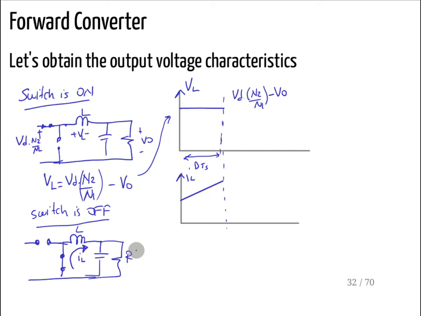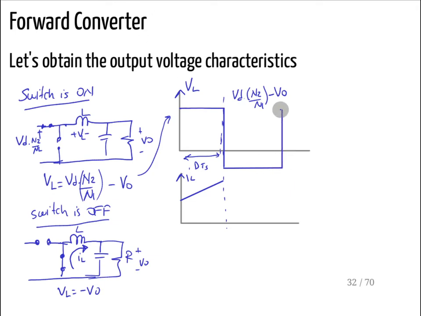Of course, now my voltage is down, so for the inductor, VL is, as you can see, similar to a buck converter: VL is equal to minus VO for some time.